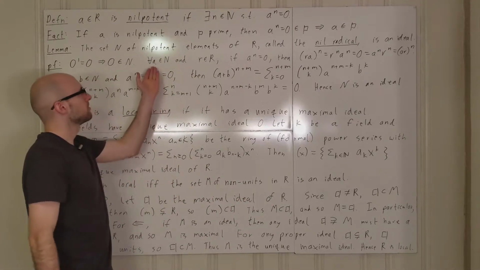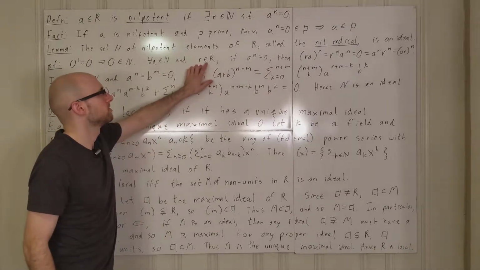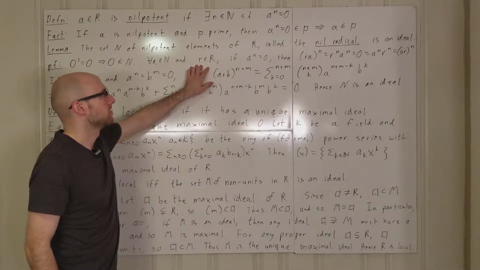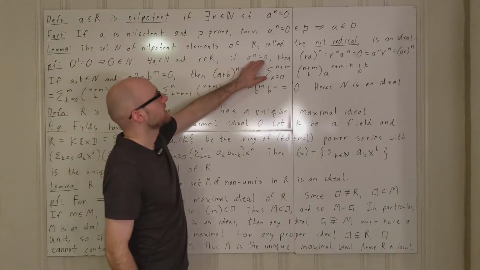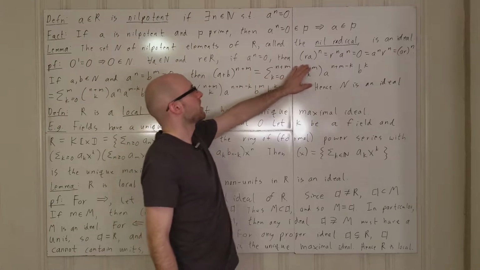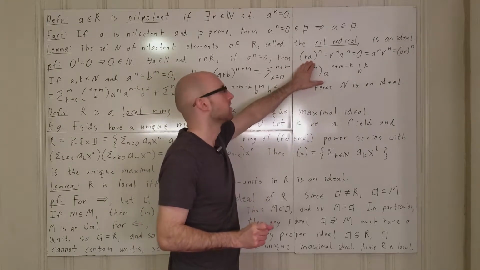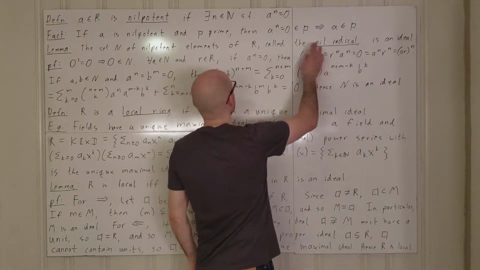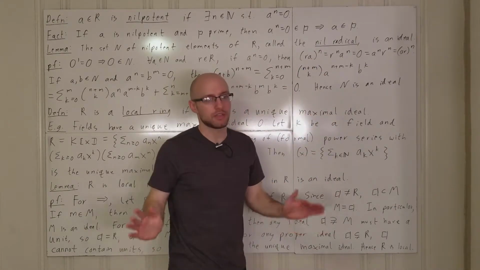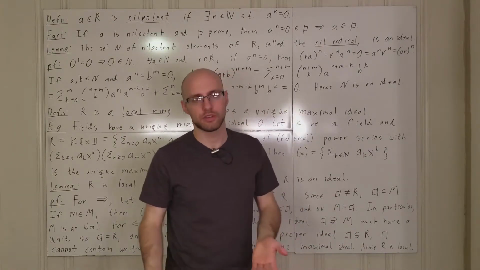If we take a nilpotent element a and an element r in R, let's prove that it's closed under multiplication by any element in the ring. So let's say a to the n is 0. Then if we take r times a, like we're multiplying a on the left by r, then raising this to the power of n, because this is all taking place in a commutative ring from now on, unless I say otherwise, all of these rings are commutative.